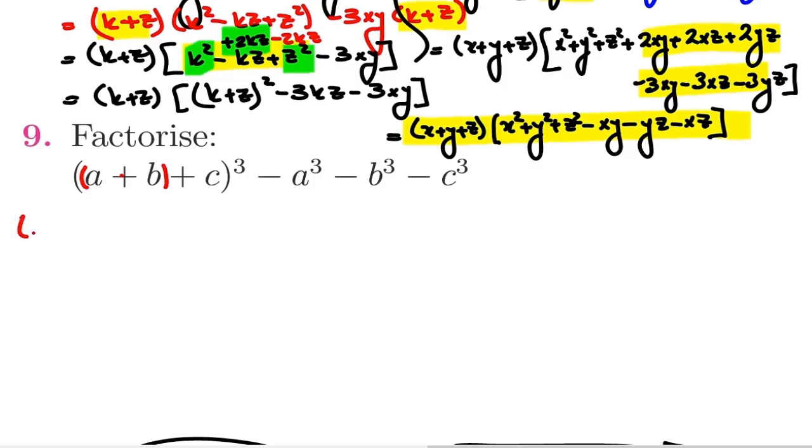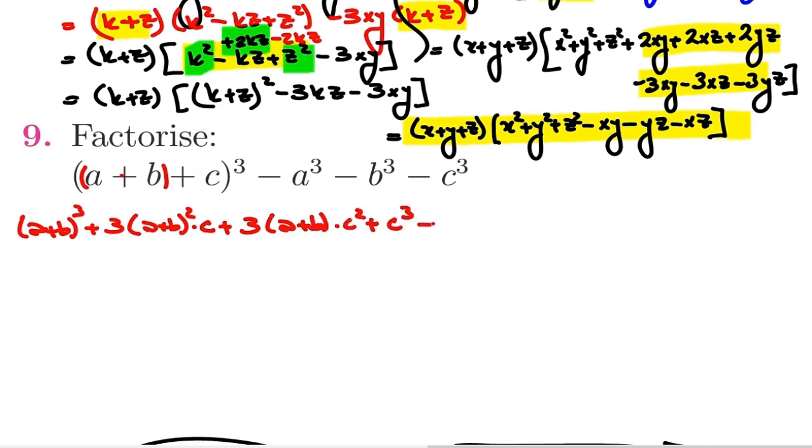So the cube of the first one, a plus, the cube of b plus 3 times a plus b squared times c plus 3 times a plus b times c squared plus c cubed. And in the back, there's minus a cubed, minus b cubed, and minus c cubed. This cancels out with that.